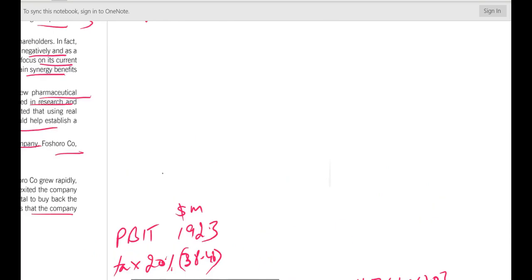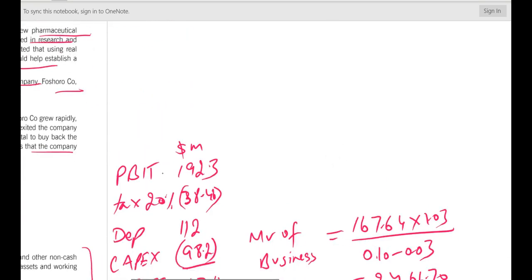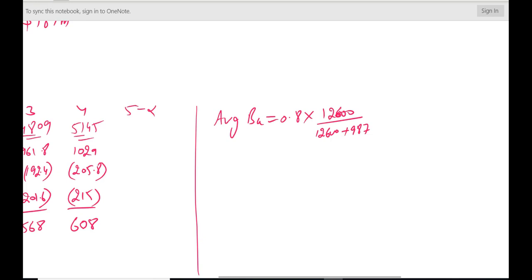And the other company value is 987. So 0.95 is the beta of F company into 987 divided by the same denominator, and it will be approximately equal to 0.811.